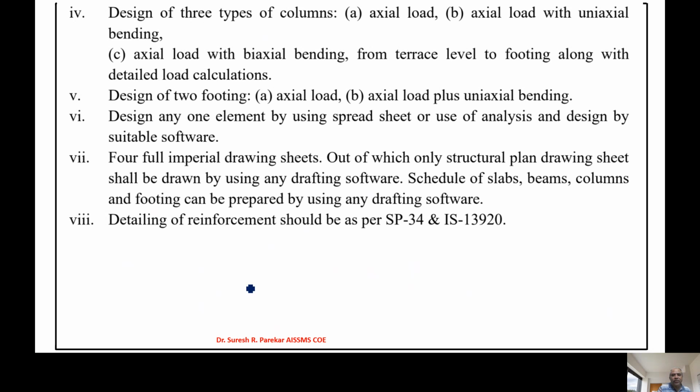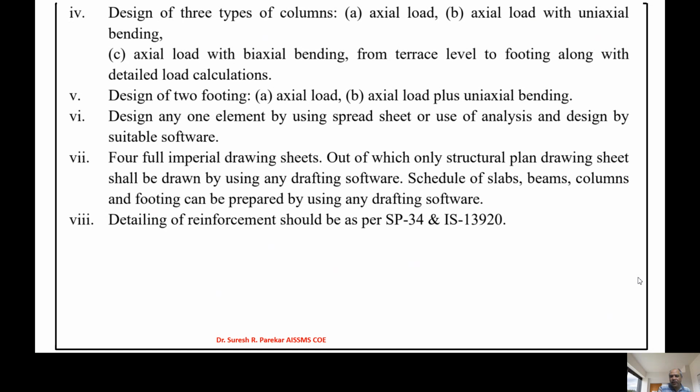Then we have design of 3 columns. So you can see 3 columns, with axial load plus uniaxial, and axial load plus biaxial bending from terrace level, and design of 2 footings along with detailed design calculations.